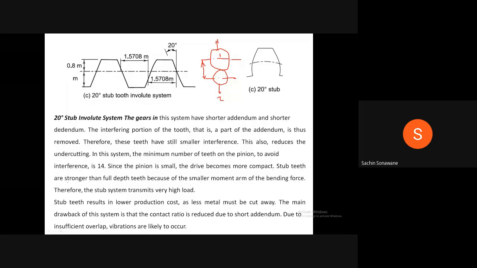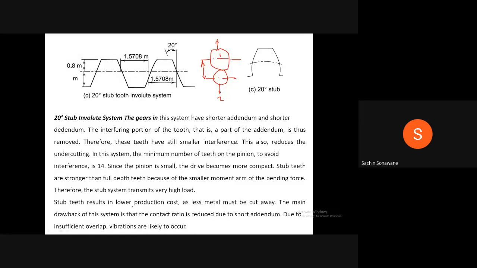Stub teeth are stronger than full depth teeth because of the smaller moment arm of the bending force. Therefore, the stub system transmits very high load. Stub teeth result in lower production cost as less metal must be cut away.